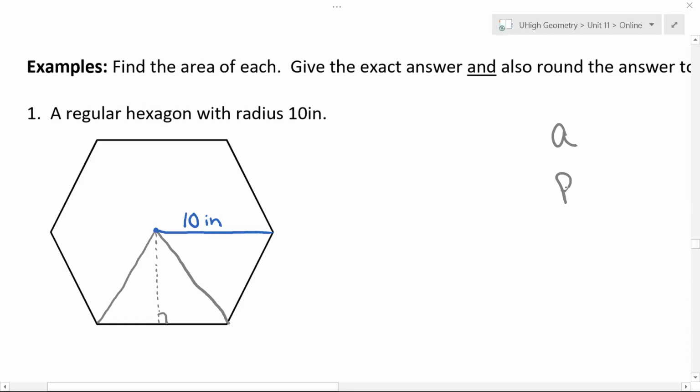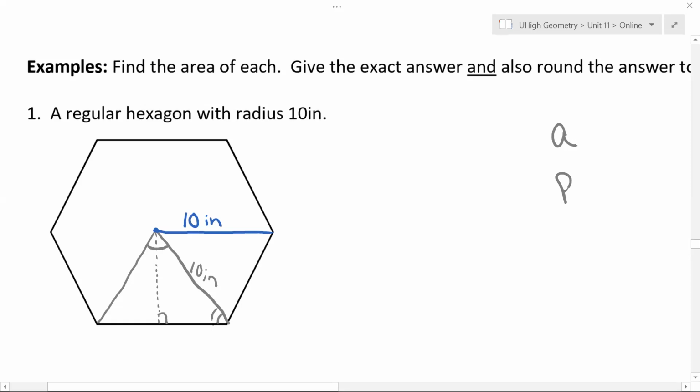So I know that I have this side length here of 10 inches because this is another one of the radii that I have. So let's figure out what these missing angles are on the top here and the bottom here.